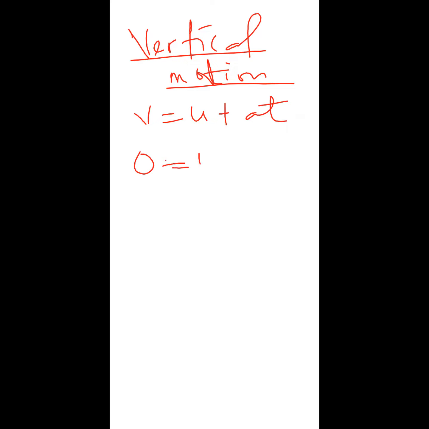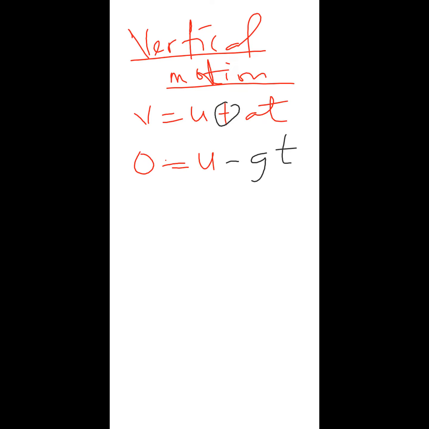Your U will be given, but something will change. This addition will turn to negative. Why? Because your acceleration due to gravity is going against free fall. When you are throwing up a stone, you should know that the stone is going against gravity.